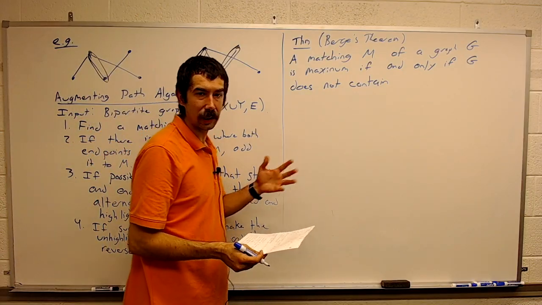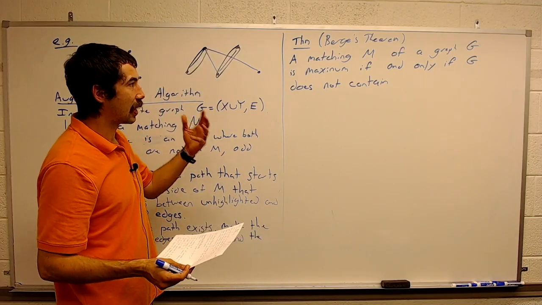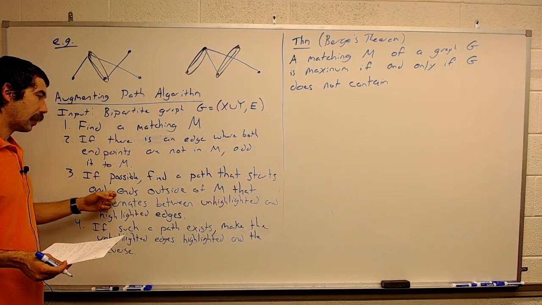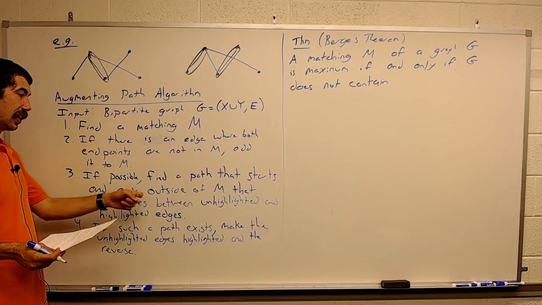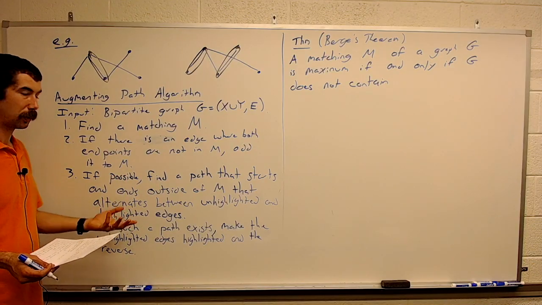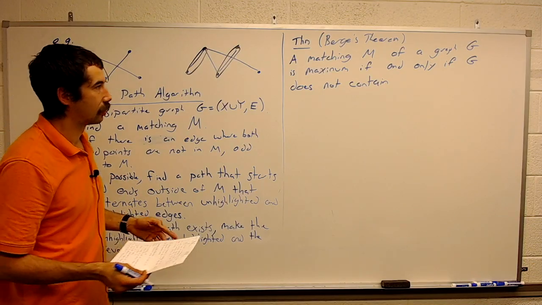But I'll write it in plain words: G does not contain a path that starts and ends outside of M that alternates between unhighlighted and highlighted.